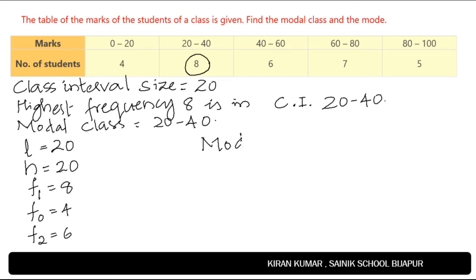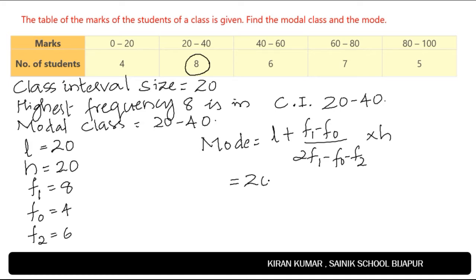So mode is given by L plus (F1 minus F0) divided by (2 times F1 minus F0 minus F2), multiplied by H. Substitute the values: 20 plus (8 minus 4) upon (16 minus 4 minus 6) multiplied by 20.